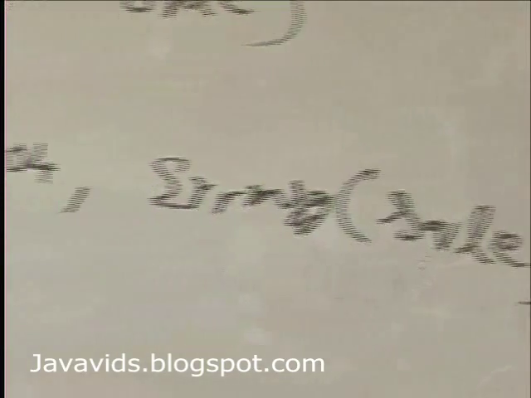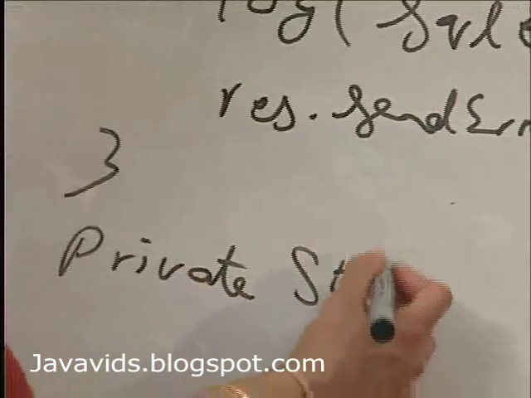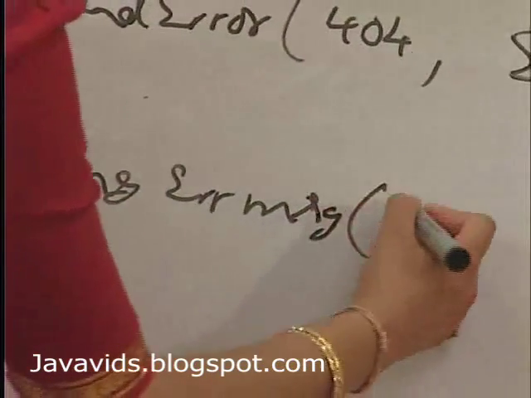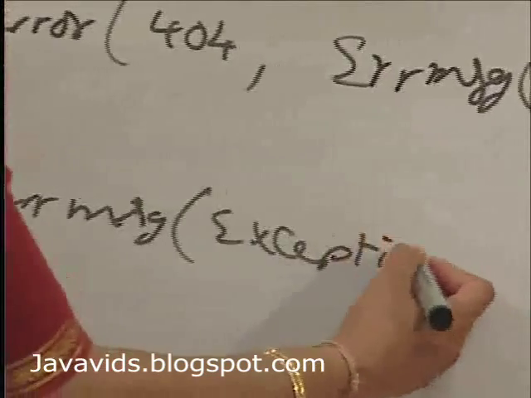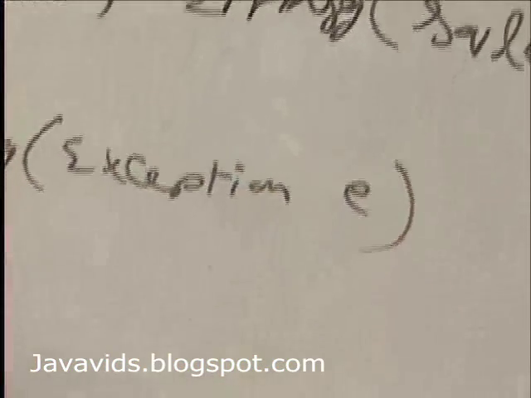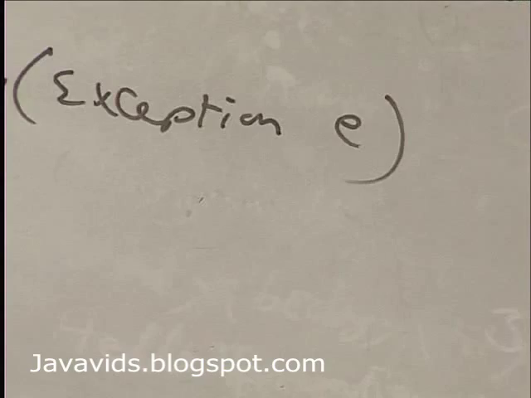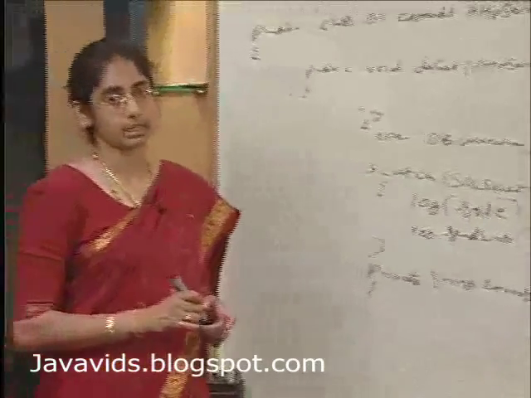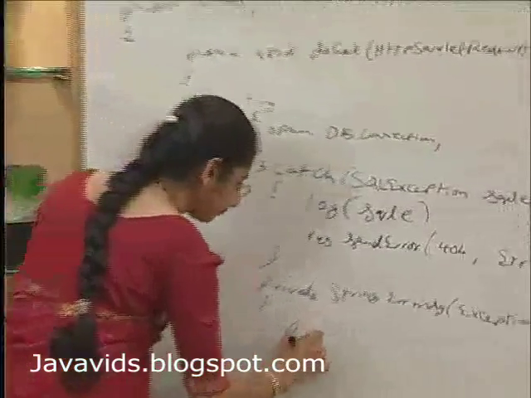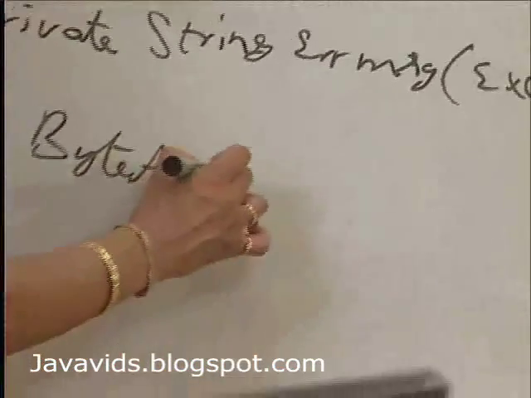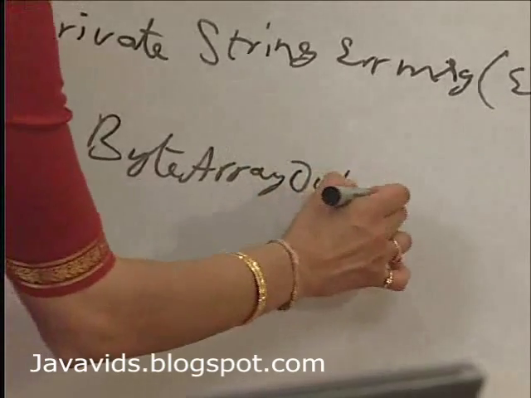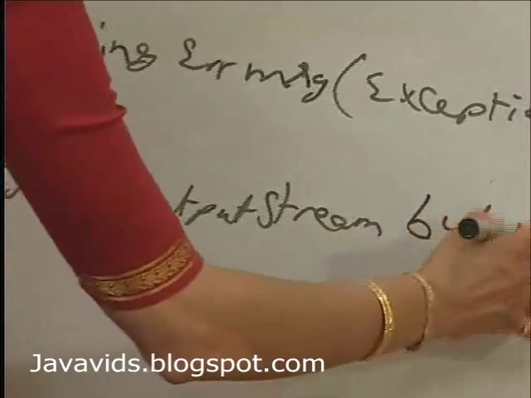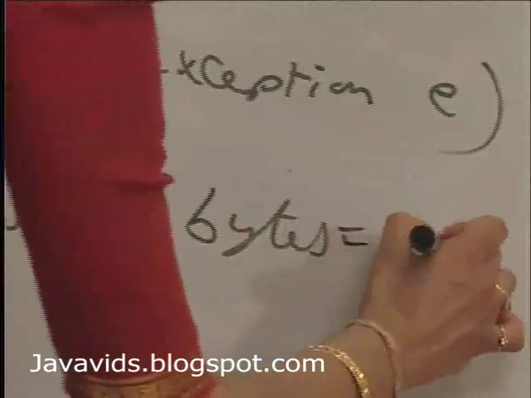So we will have a private String ERRMSG, which takes an exception object as parameter. In this method, what you do is create a byte array output stream object, let's say called bytes.